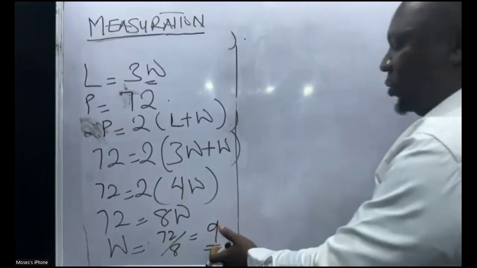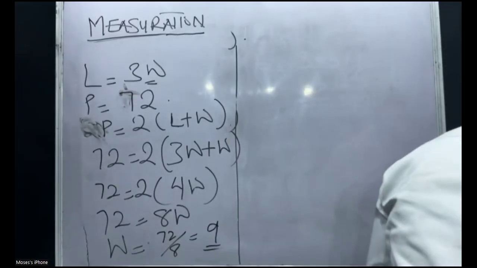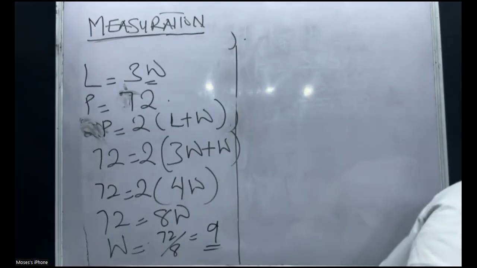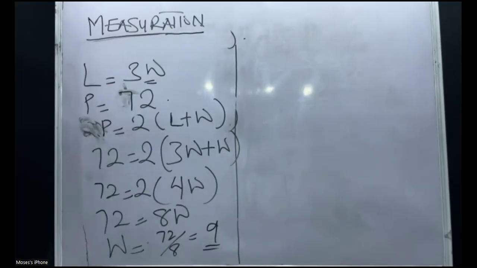You're going to get your W to be 9. Now, put your W as 9. What will be your length? Somebody tell me. What will be your length? Yeah. Length is 27.